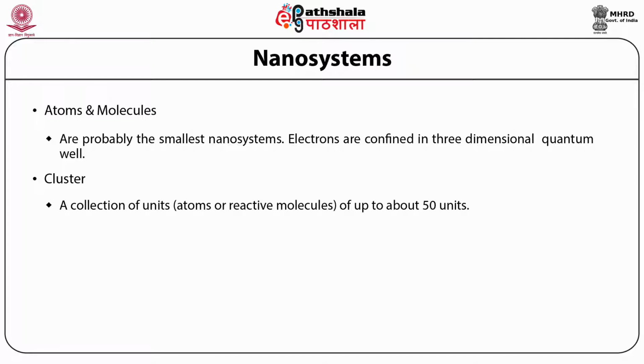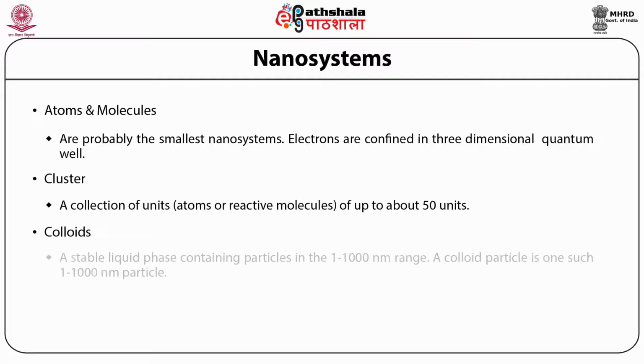The third nanosystem which we are going to discuss is colloid: a stable liquid phase containing particles in the 1 to 1000 nanometer range. A colloid particle is one such 1 to 1000 nanometer particle.